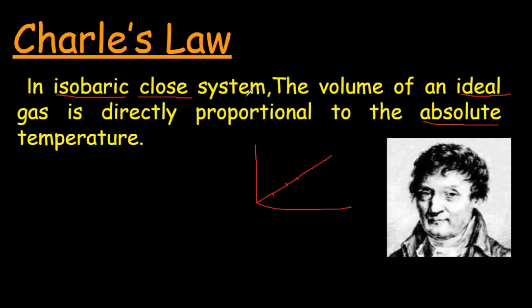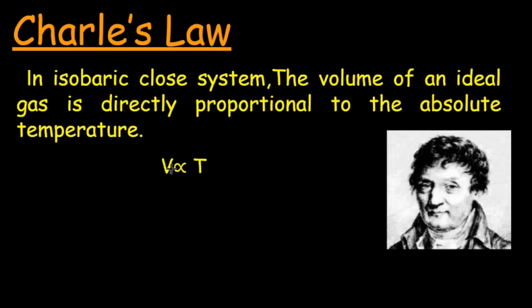So this statement can be written mathematically as V is directly related to T. In order to eliminate this proportionality sign, we have to use a constant, and in this case we will use K. Students, a constant is always multiplied with an independent quantity. By increasing the temperature, volume will increase.